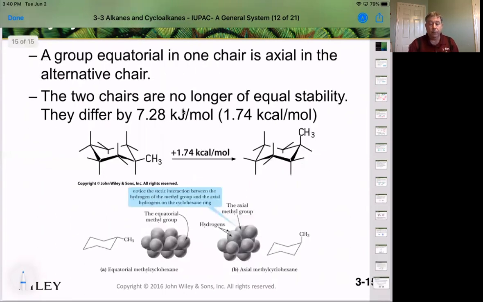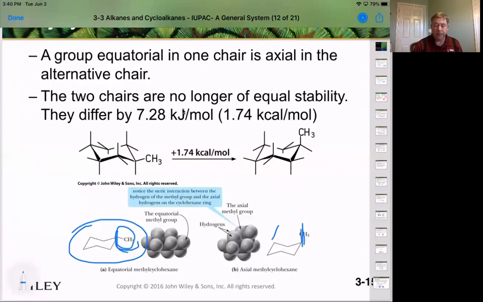Okay, so for example, if we have this configuration here where we have a methyl group attached to it, the methyl group is now bigger than a hydrogen. So because it's bigger than hydrogen, it's going to favor the situation where the methyl group is in its equatorial position as opposed to this axial position, because it's going to start to butt up against these hydrogens here.